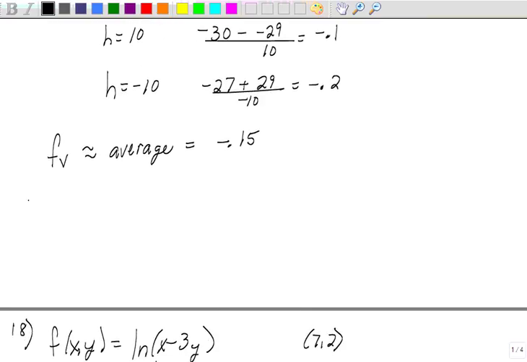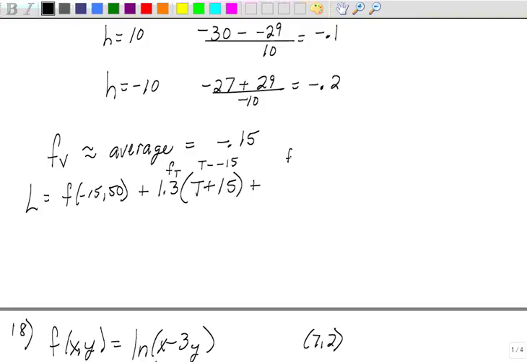So the linearization is f(-15, 50) plus f_t, which we said was 1.3, times t minus a, minus -15, so it's plus. This is f_t times (t + 15), plus f_v, which is -0.15, times (v - 50).